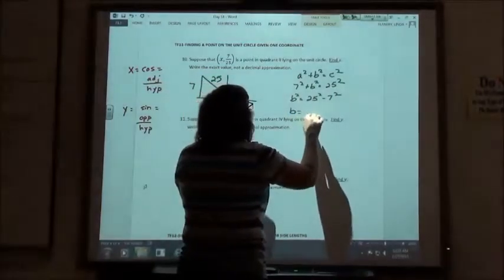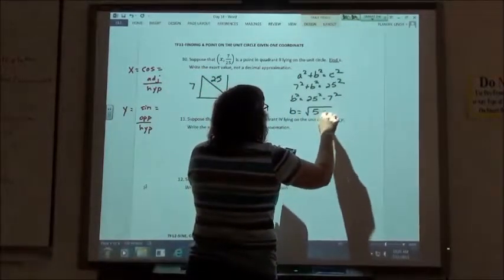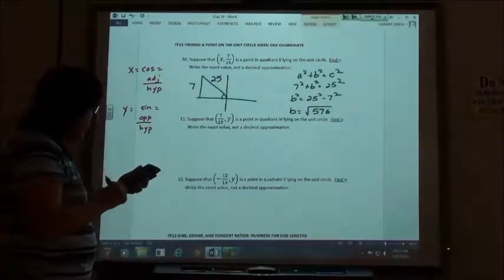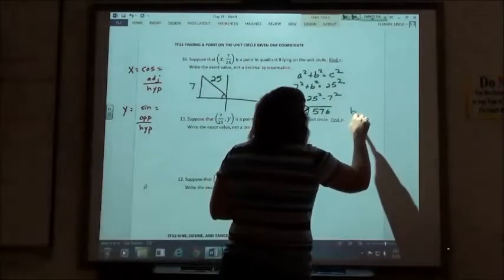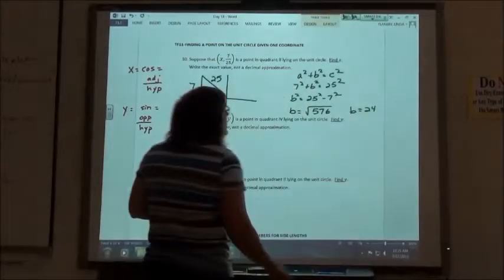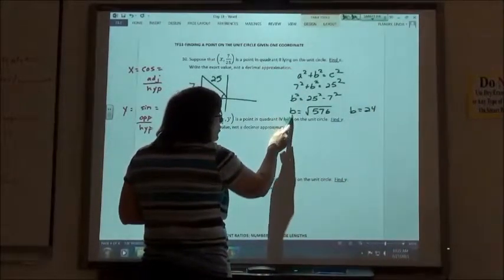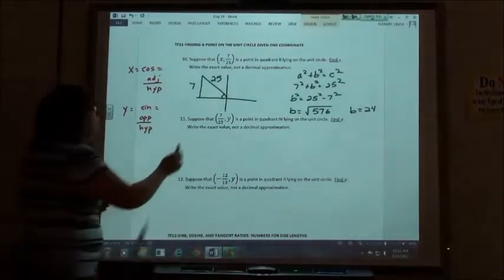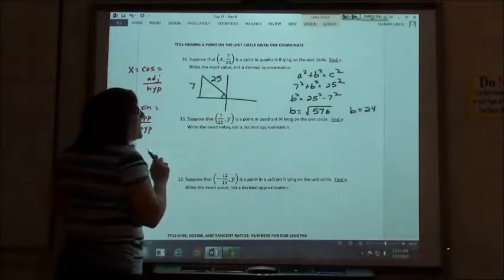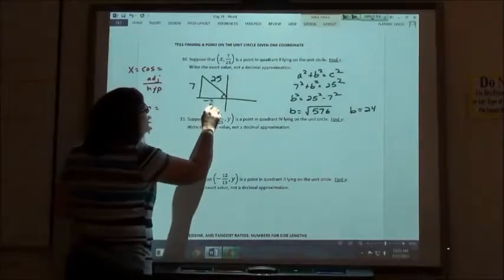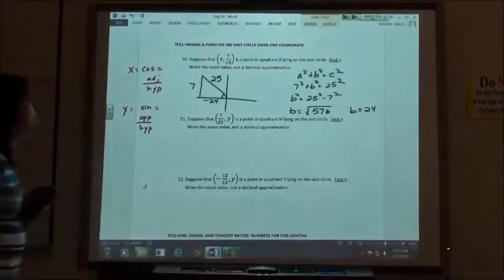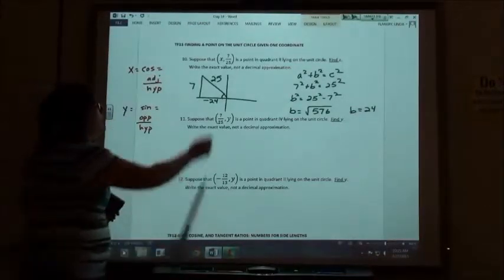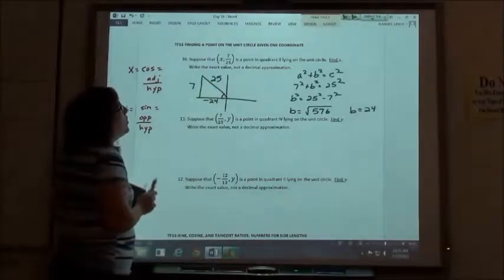So b is going to equal the square root of 576. And so b equals 24. Since this was b squared, I had to do the square root of my value there to get just plain b. Now this is going backwards on my x-axis, so instead of being 24, it's actually going to be a negative 24. And so x then is going to be equal to the adjacent over the hypotenuse, that negative 24 over 25 then.